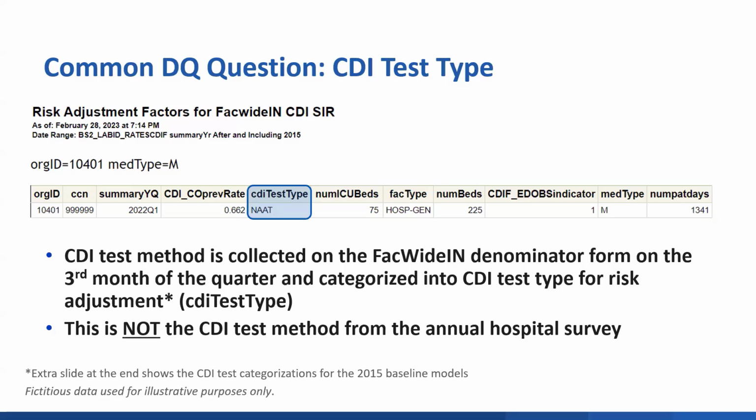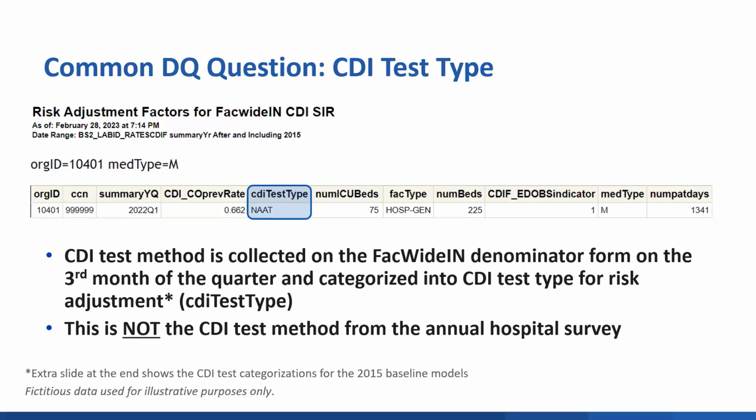Occasionally users may email us asking about CDI test type in this table and whether or not it matches what they selected for CDI test method. The CDI test type categorizations are listed in our troubleshooting guide. I also added a slide at the end of my portion of the presentation for the CDI test categorizations for the 2015 models, so you can use this for reference as well.